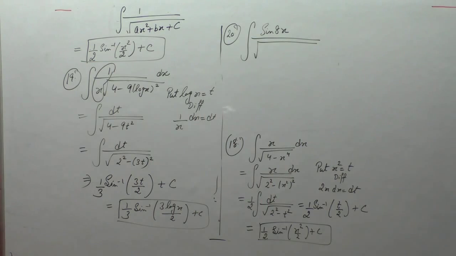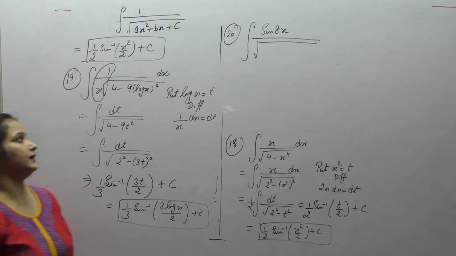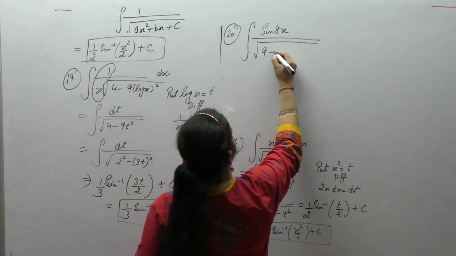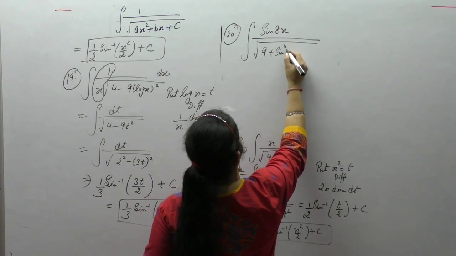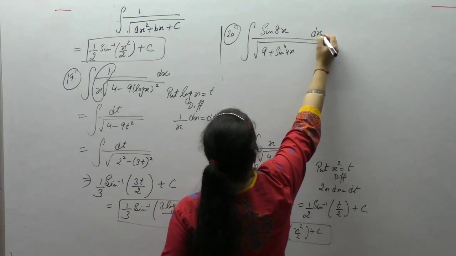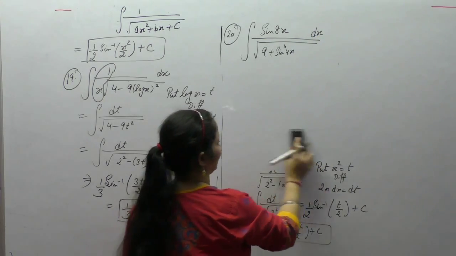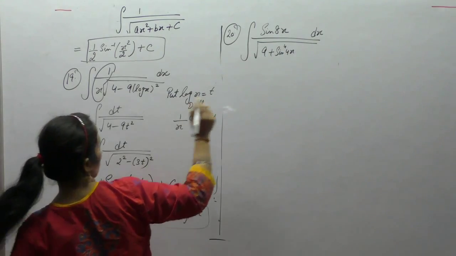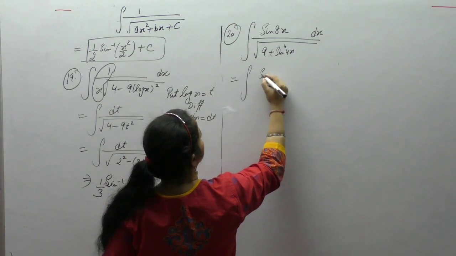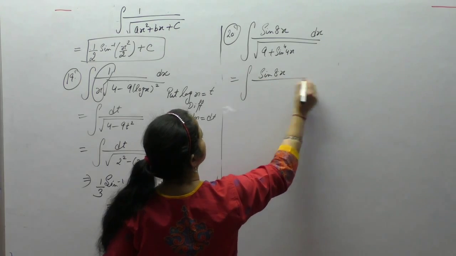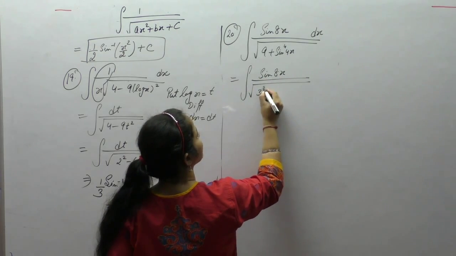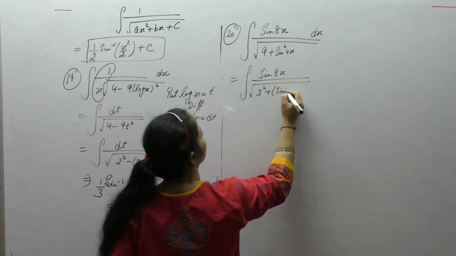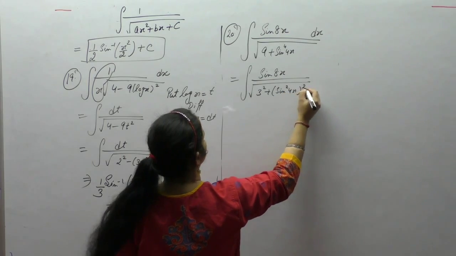Next is integral of sin 8x upon square root of 9 plus sin^4 4x dx. Now we can write power 4 as 2 into 2, so we write sin^4 4x as (sin square 4x) whole square.